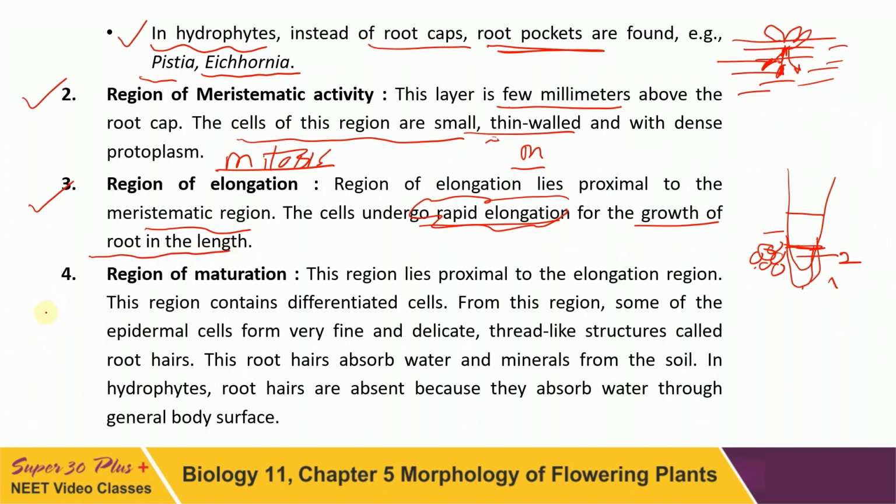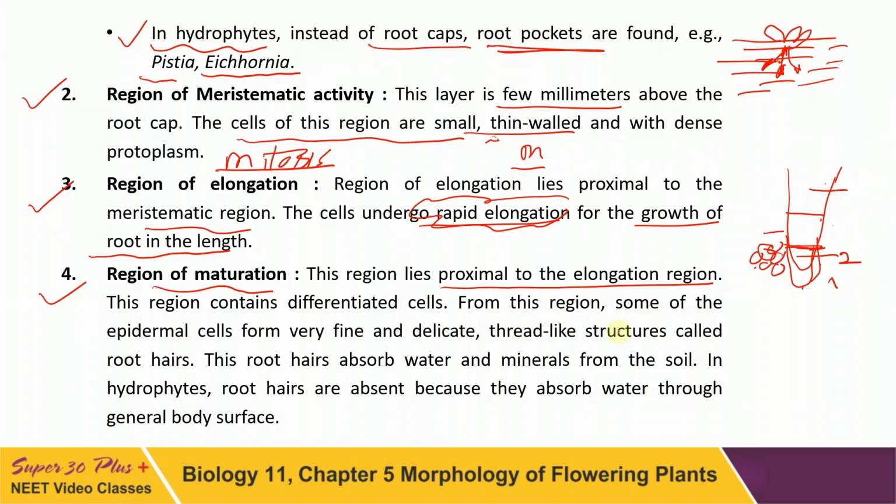It is followed by the region of maturation, proximal to the region of elongation. This is the region known as the maturation region. This is also where the root will differentiate. This is the elongation region, and this is the maturation region.